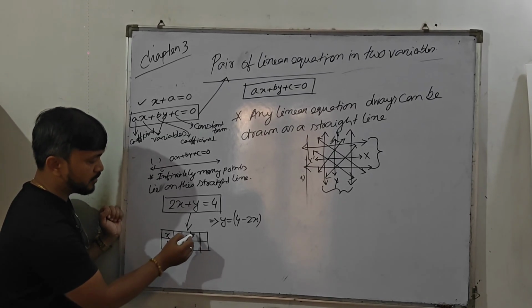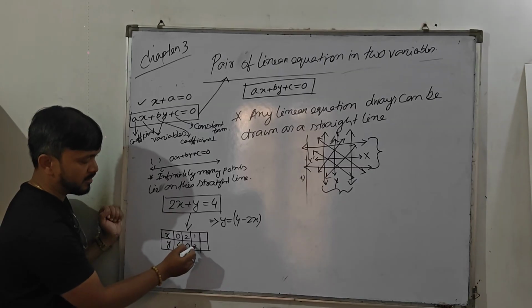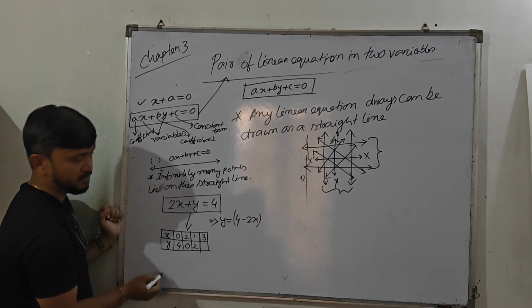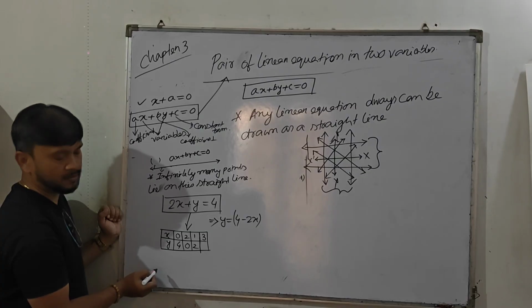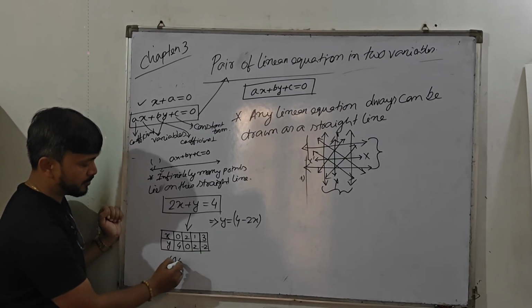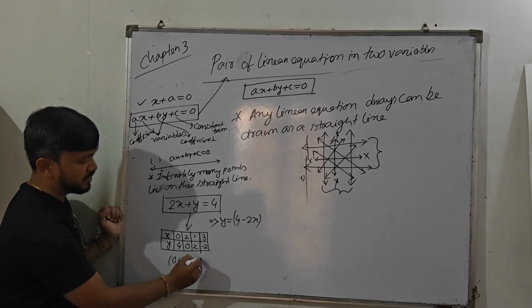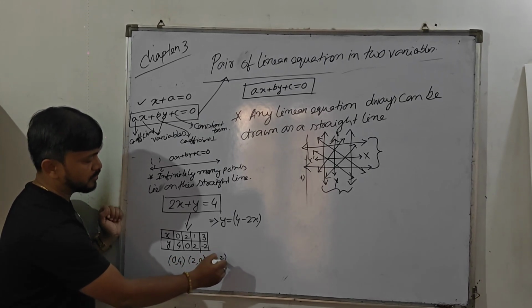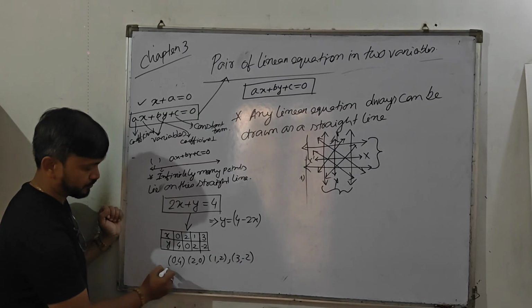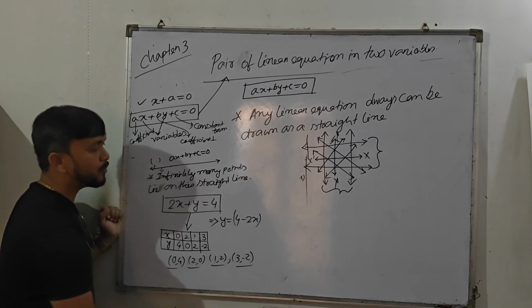If I put x equal to 1, it will be 2. And if I put x equal to 3, y is minus 2. So I got 4 points: (0, 4), (2, 0), (1, 2), and (3, minus 2).